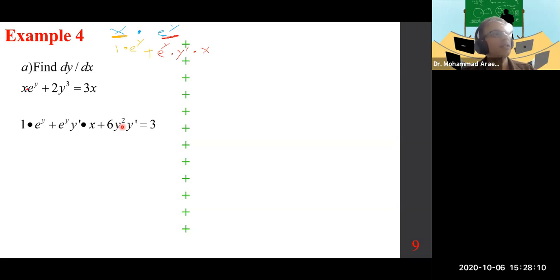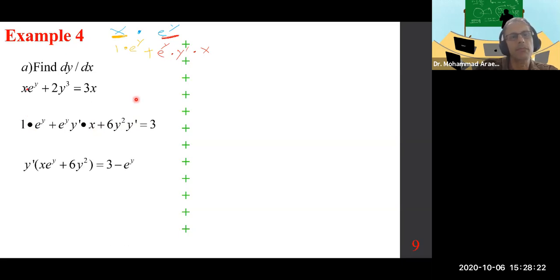I'm assuming everybody has an easy time doing that. So just these 2 pieces, take the y prime out and move this one. When you take the y prime out, the first piece gives you e to the power of y and x, so you put the x in front. The second one gives you 6y squared.